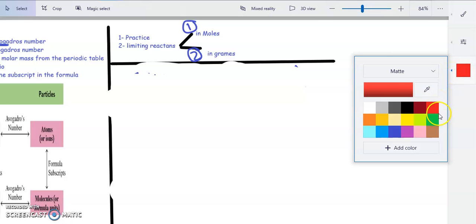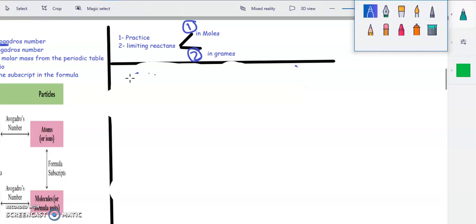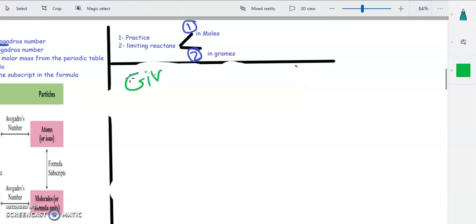So our inputs, or the given, here is basically 37.7 gram NaCl.